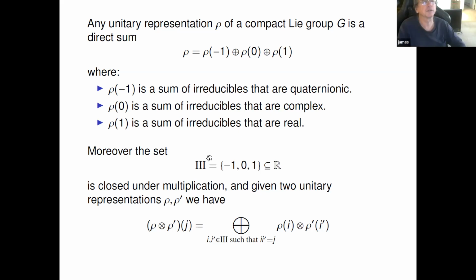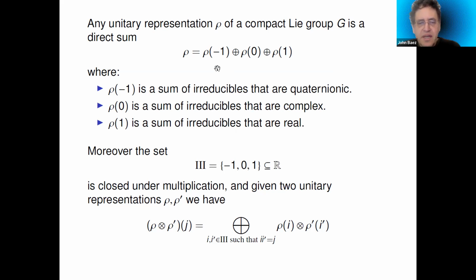So I make up this set that I call 3 in Roman numerals, of the numbers -1, 0, and 1. And just for fun, somewhat for fun, I point out that that's a monoid under multiplication.